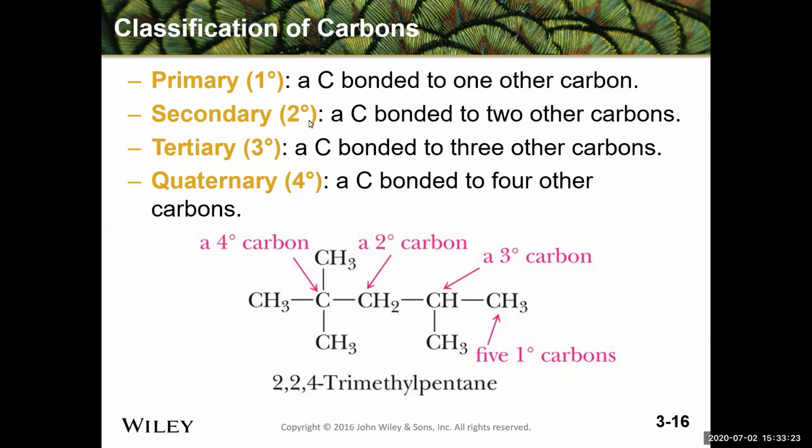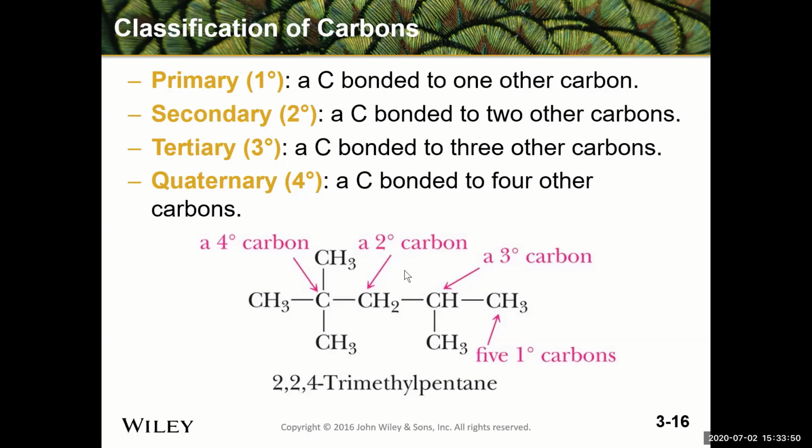Okay? Now a secondary carbon is one that's bonded to two other carbons. So this carbon here is bonded to this carbon to the left and this carbon to the right. So this here is a secondary carbon atom. And this is the only example of a secondary carbon atom in 2,2,4-trimethylpentane.